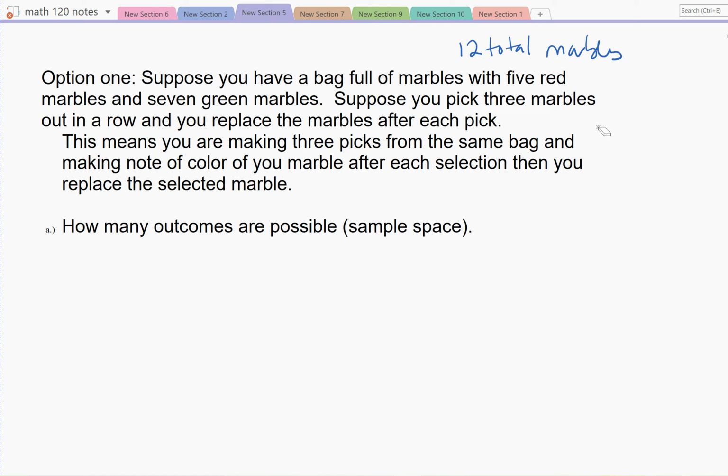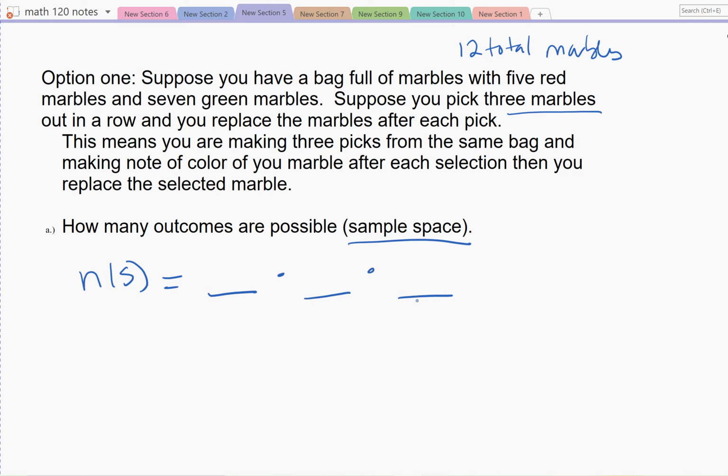Alright, so the first one is asking how many outcomes are possible. So what's my sample space? How many total ways can I grab 3 marbles out of this particular bag of marbles? So the number in my universal set. Well, it's a sequence of events. I've got 3 picks: my first pick and my second pick and my third pick.